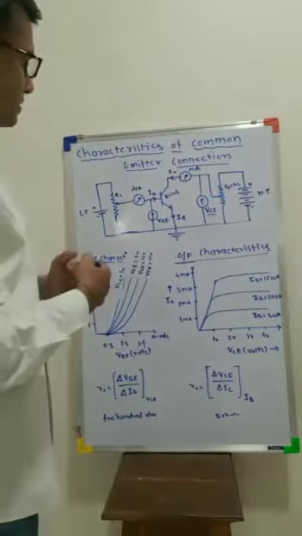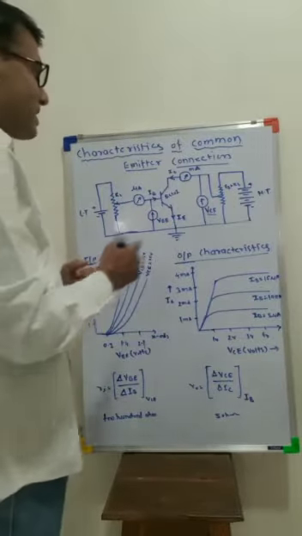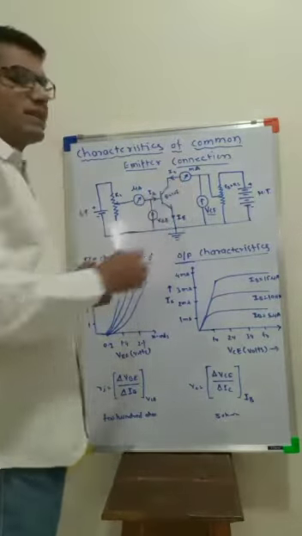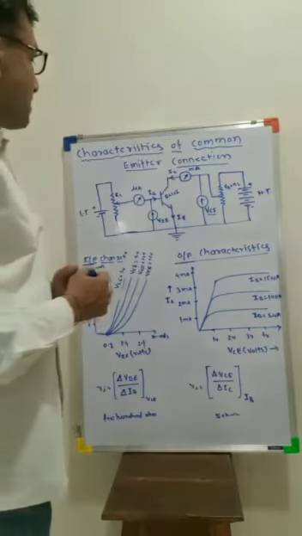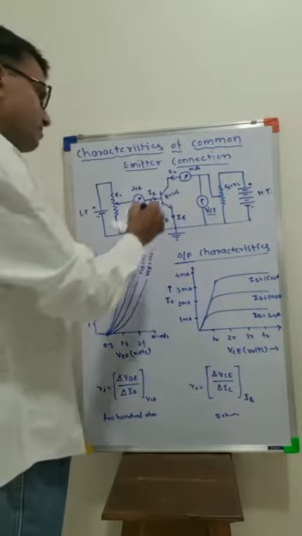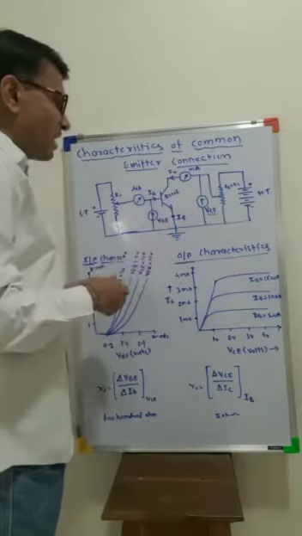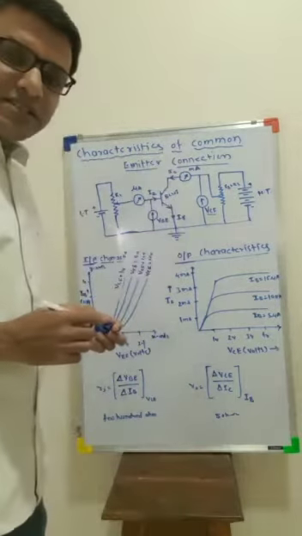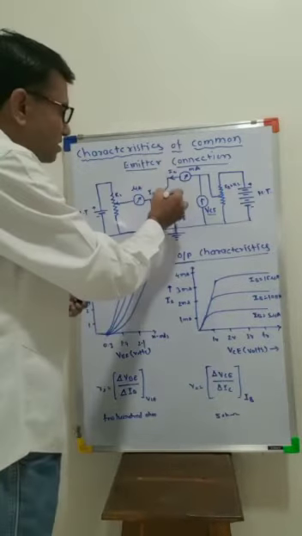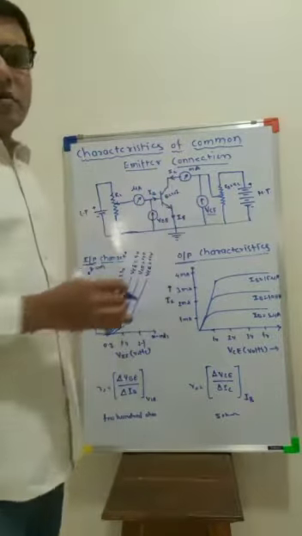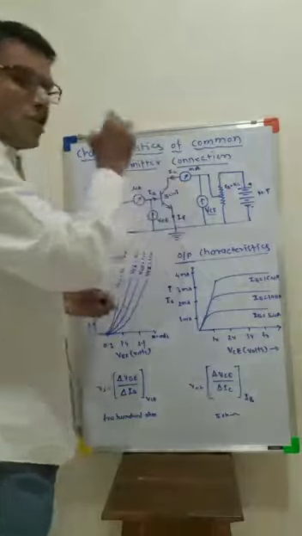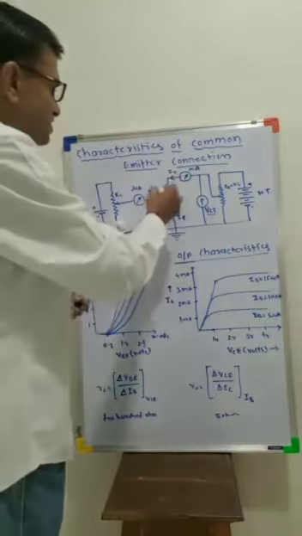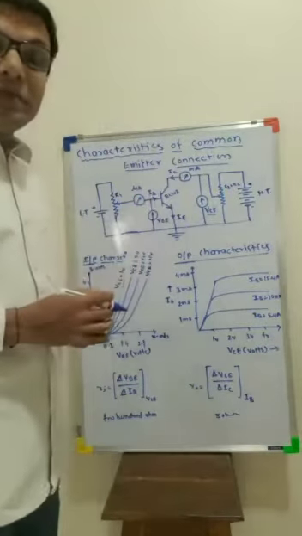Normally in a laboratory, BC107 transistors are used for practicals. This transistor has an arrow indicating a downward direction. The arrow means this is the conventional current flowing in the forward direction from base to emitter, and due to this the transistor is known as an NPN transistor.